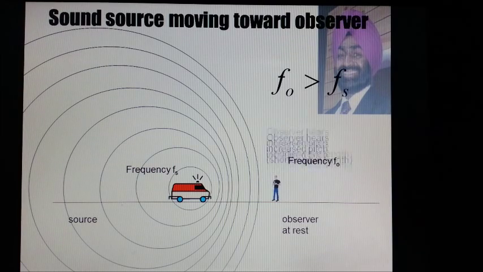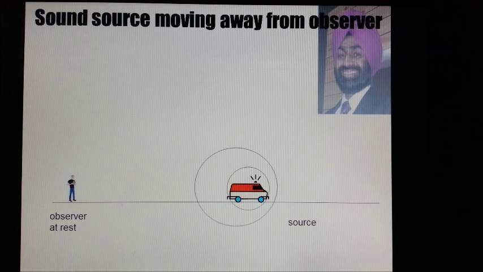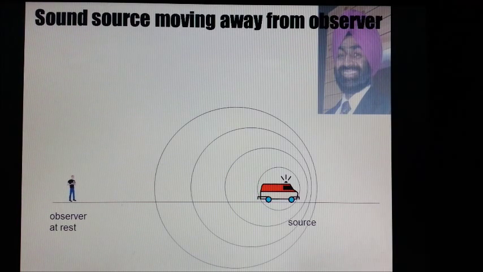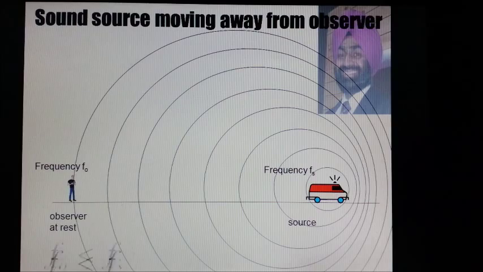What happens if the source is receding away? In this case, the waves in front of the source get clubbed together, but at the rear side they get more spaced, that is the listener would experience fewer waves per second, that is the frequency in hertz would be lesser.